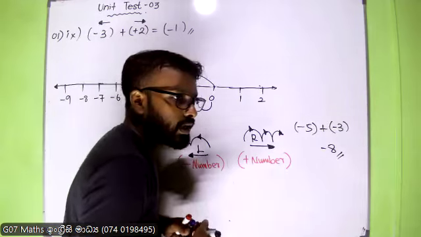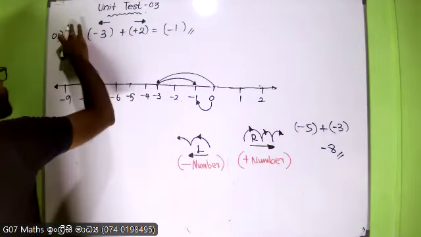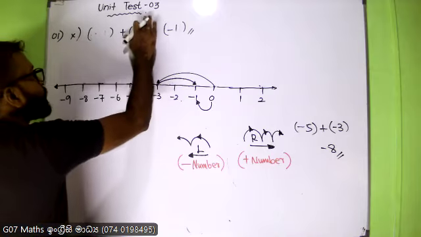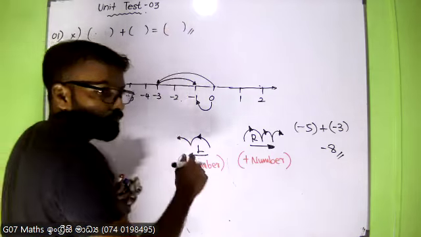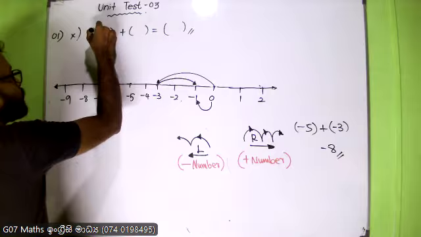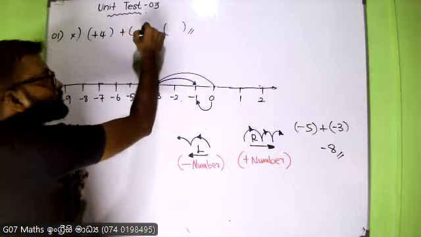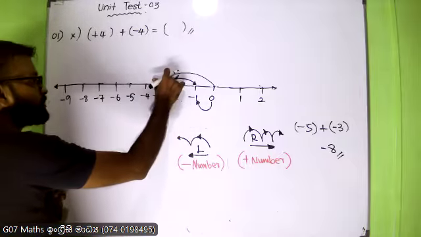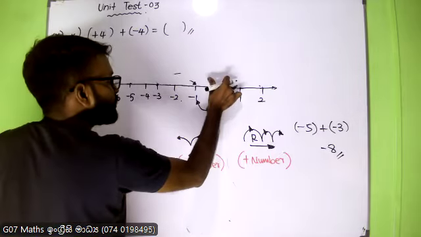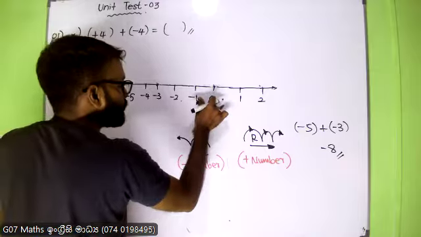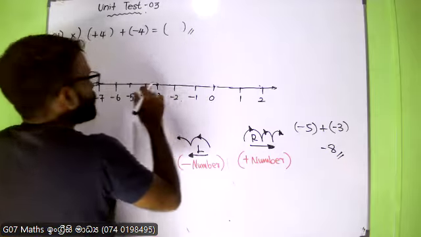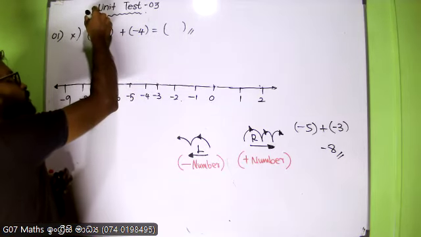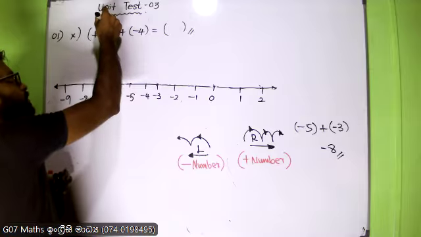So last one. 10th term. Positive 4 plus negative 4. There is an easy way for this one as well, but I will teach you it at the end. Now, this is a positive number, so I am going to jump to my right hand side.